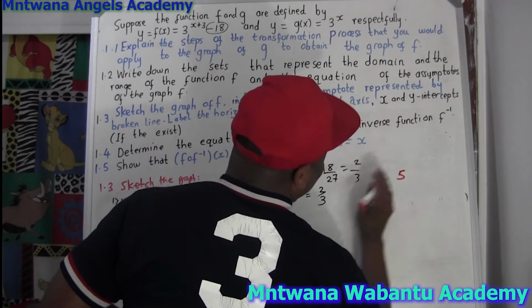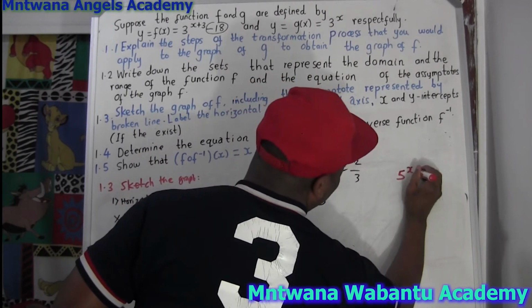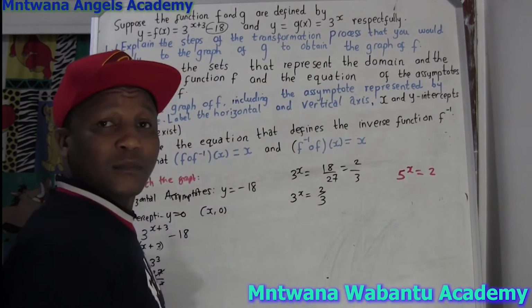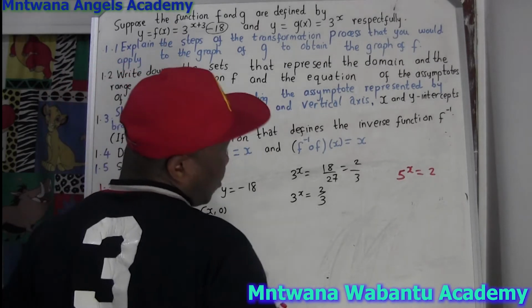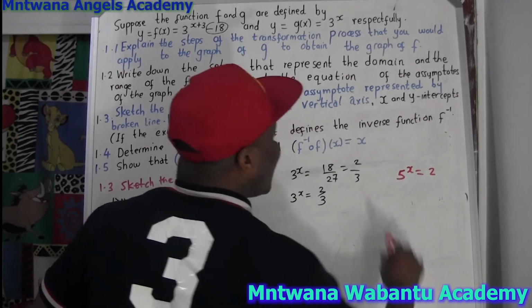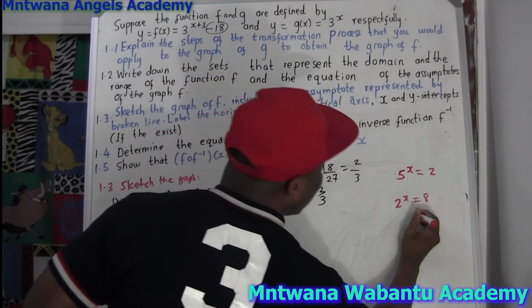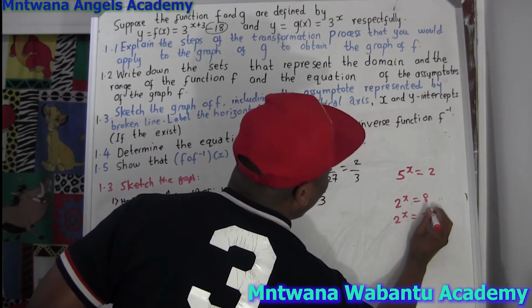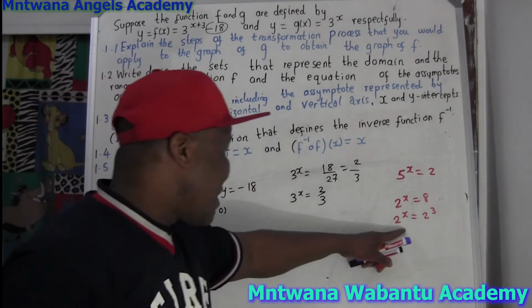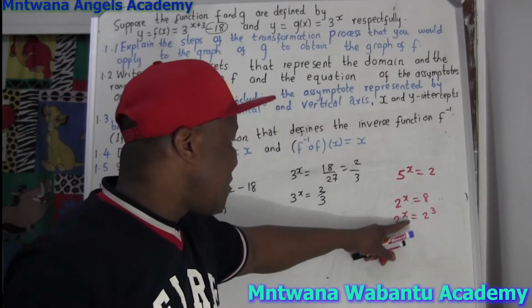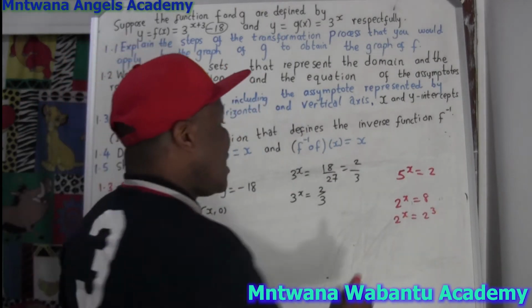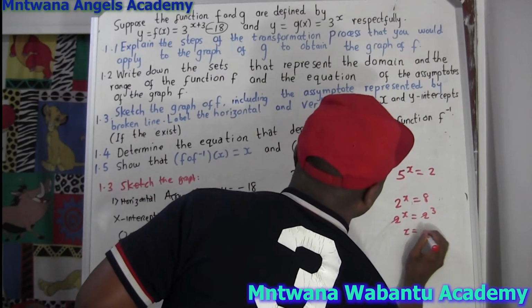If you have, let's say, 5^x equal to 2, how are you going to get the value of x? It's not part of the solution. If somebody gives you 2^x equals 8, this is easy, because I say 2^x equals 2^3. When the bases are the same, x equals 3.